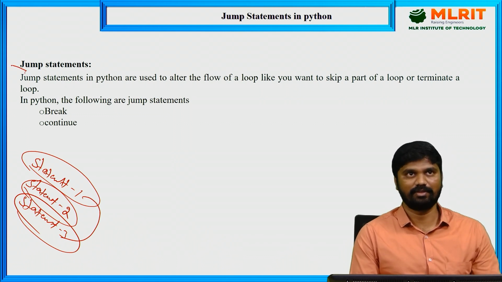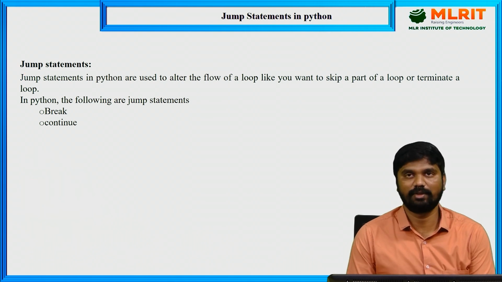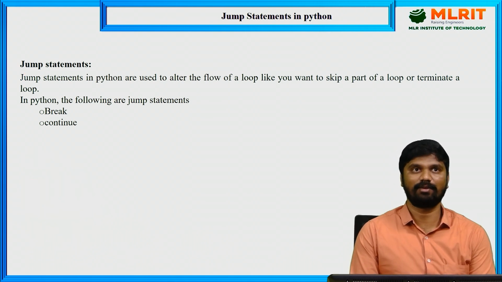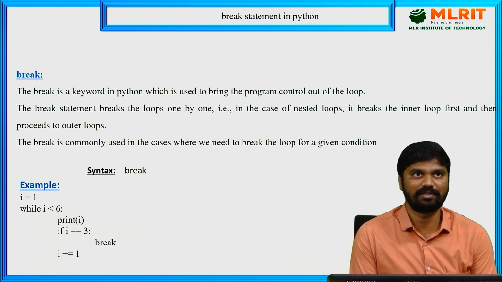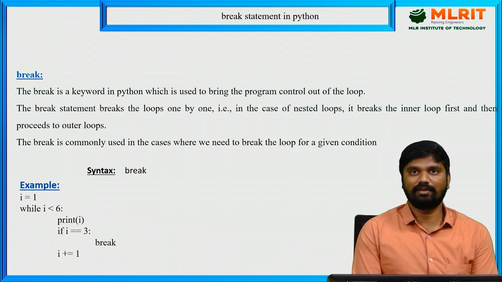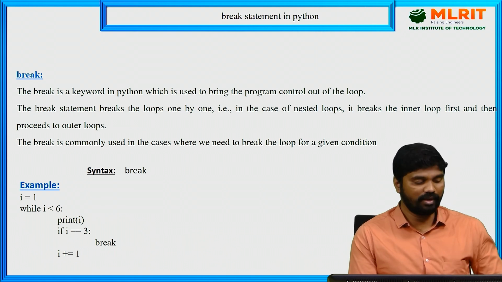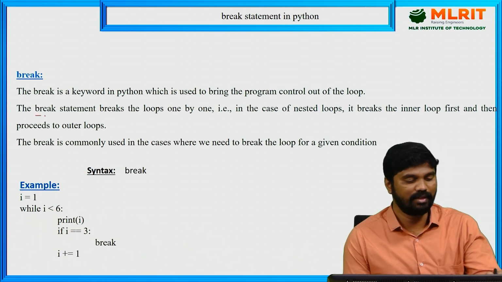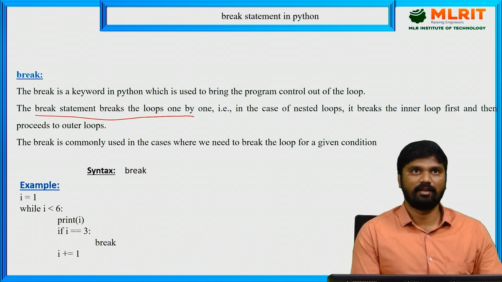jump statements. Here we have two types of jump statements, mainly the break statement and the continue statement. First we will see the break statement. Break is a keyword that is used along with loops.